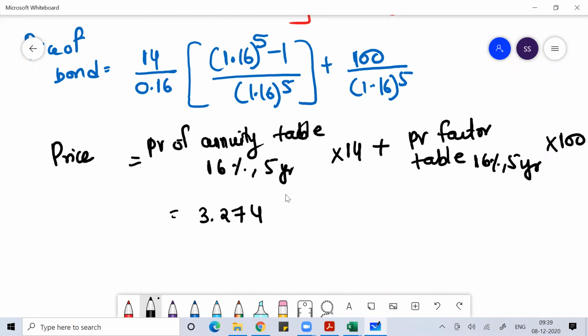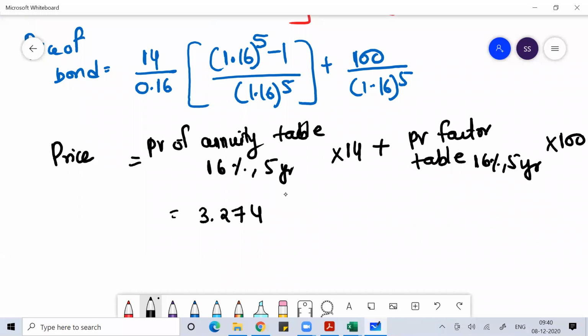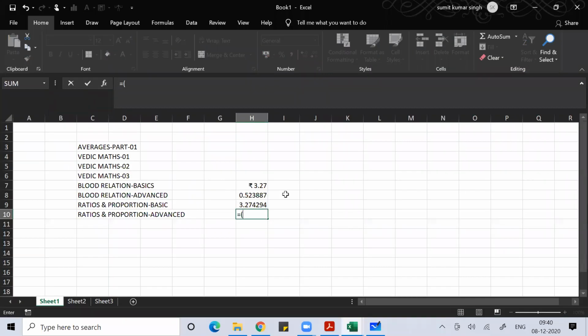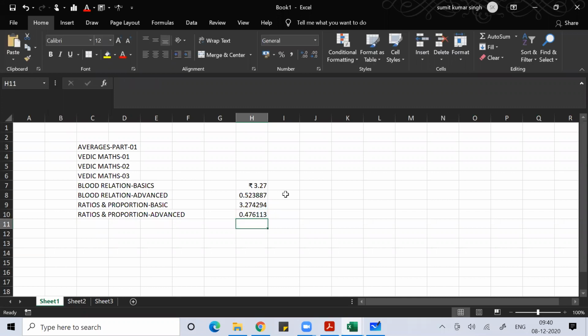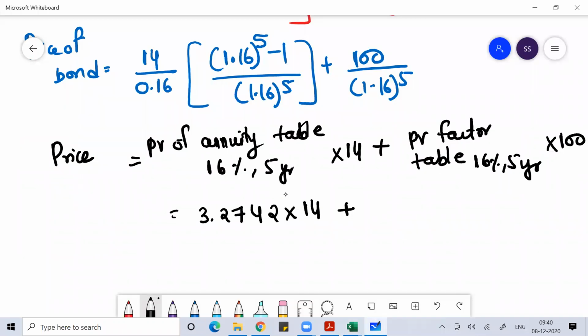This value, 3.2742, you can also get from the table. I believe everyone knows how to use the table. And if you use the present value factor table for 16% for 5 years, you'll get 0.47611.